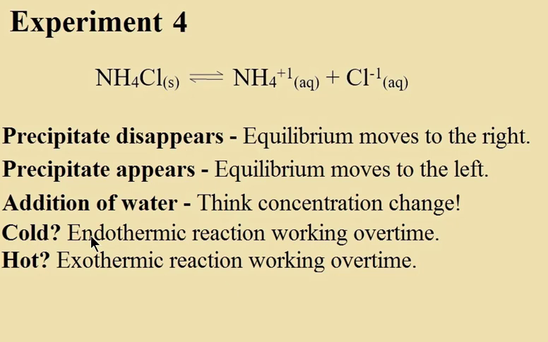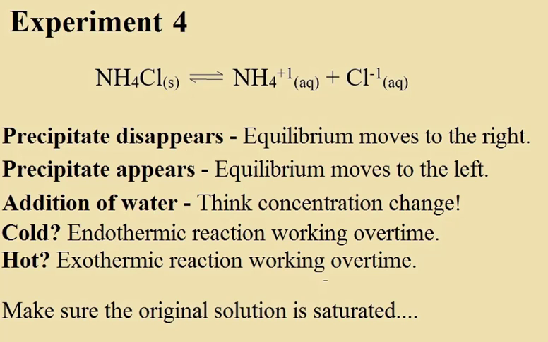Remember, if the test tube feels cold, it's because the reaction is using up energy to drive one of the two reactions. If the test tube feels hot, it's releasing energy because it's giving out energy as an exothermic reaction.